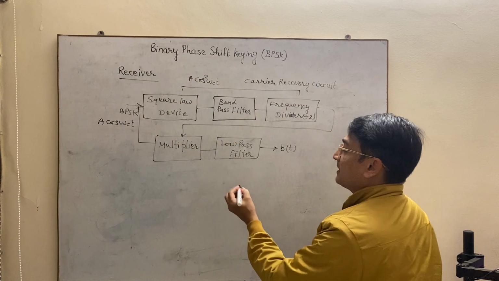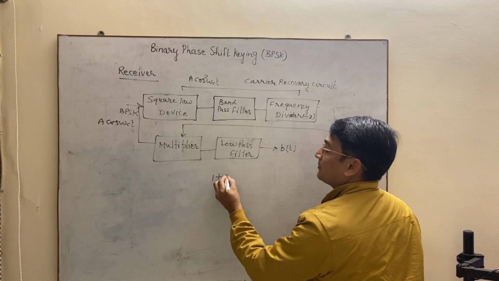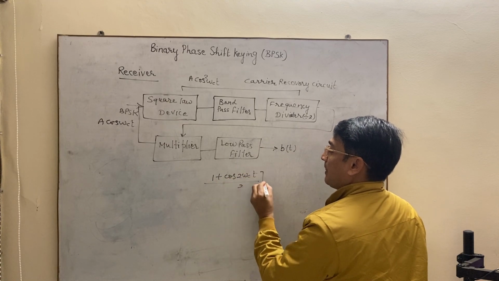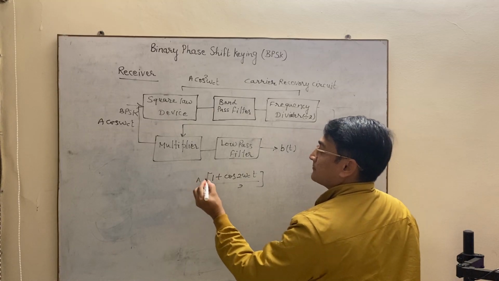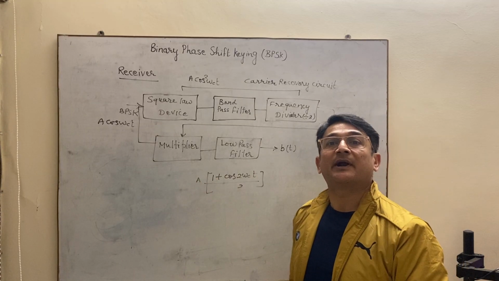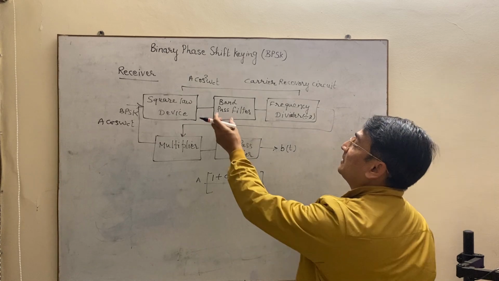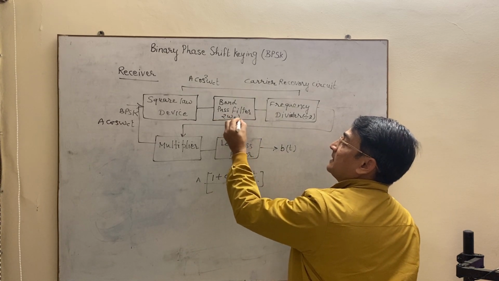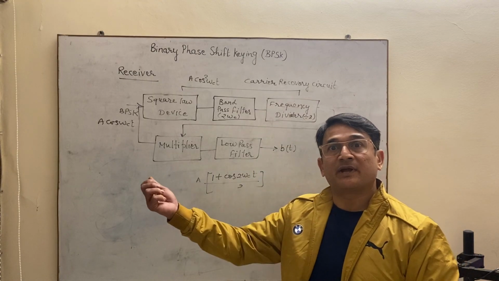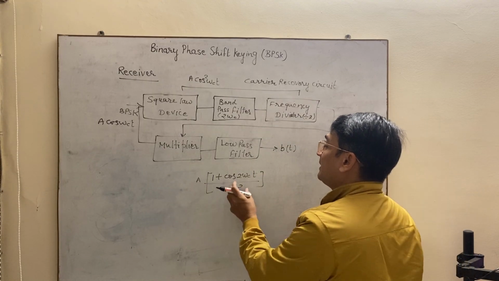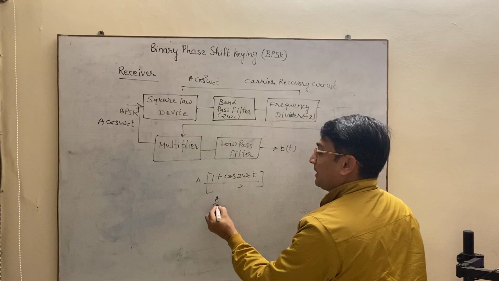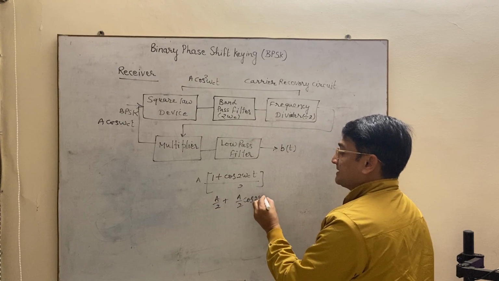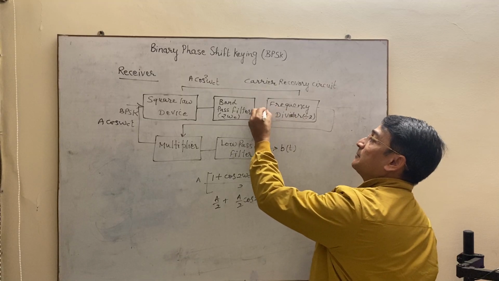This can be written as A times 1 plus cos 2 omega ct by 2, from the trigonometric relationship. This band pass filter is set at 2 omega c frequency. So it will remove the A by 2 component and pass the A by 2 cos 2 omega ct component to the next block.